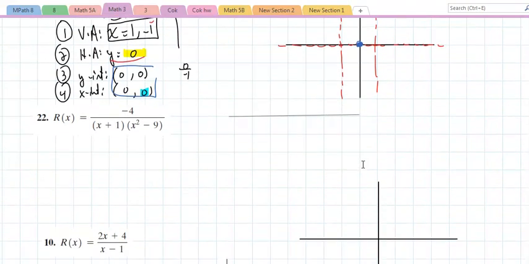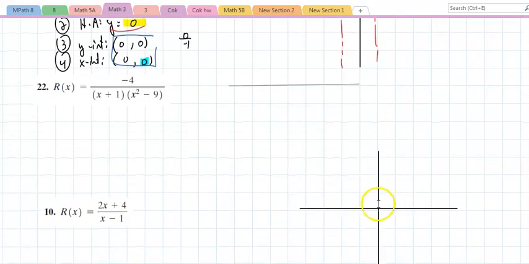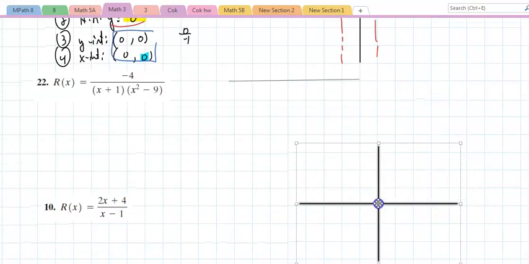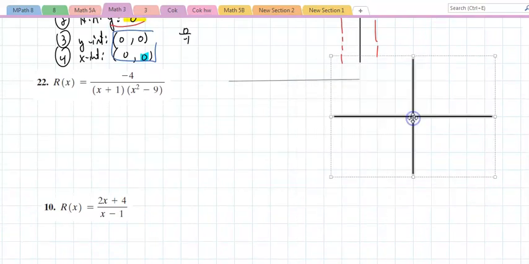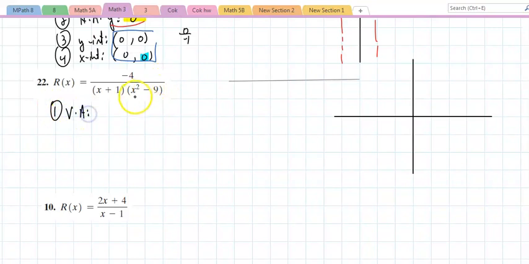Next problem up, number 22. On number 22, 1, domain, vertical asymptotes. Doesn't this factor, isn't that x minus 3 into x plus 3? So vertical asymptote, x cannot equal negative 1, a negative 3, or a 3.